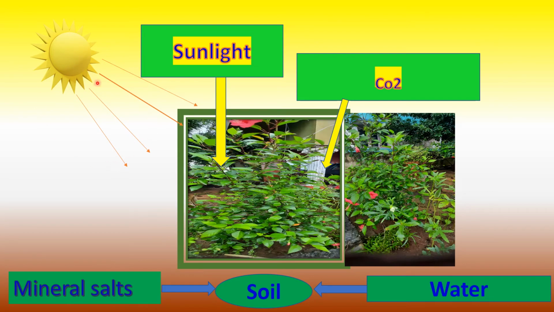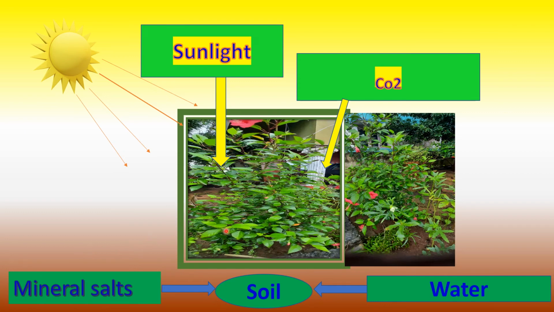Next, see children, what is photosynthesis? The leaves of the plant absorb solar energy from sunlight to convert water and mineral salts into sugar and release oxygen and starch, right?